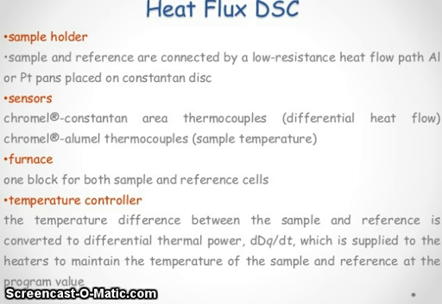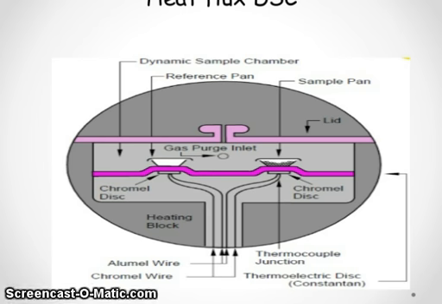Temperature controller: the temperature difference between the sample and reference is converted to the differential thermal power dQ/dt, which is supplied to the heater to maintain the temperature of the sample and reference at the program's value. Now friends, you see the pictorial diagram of heat flux DSC.